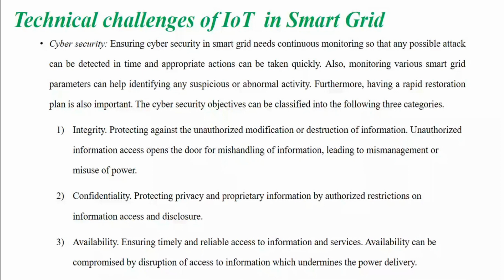So this has to be controlled, and there is a need to maintain the integrity of the system. Next, confidentiality means protecting privacy and proprietary information by authorized restriction on information access and disclosure. Availability means ensuring timely and reliable access to information and services. Availability can be compromised by disruption of access to information, which undermines the power delivery.